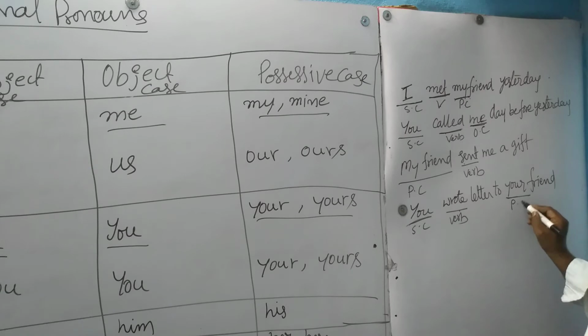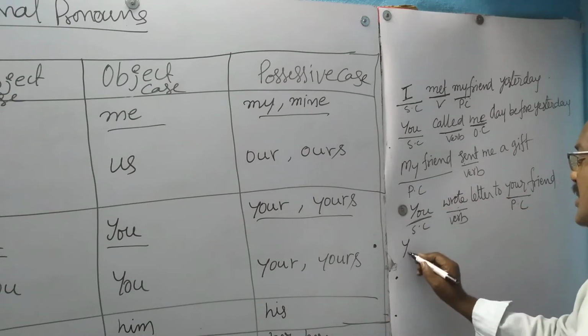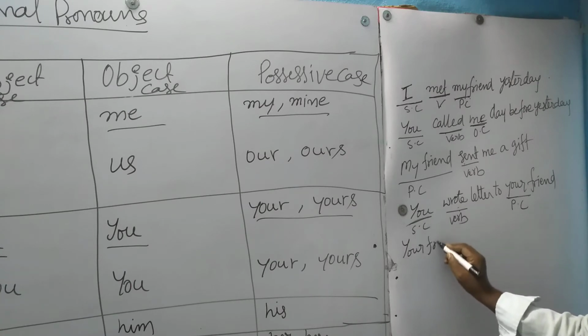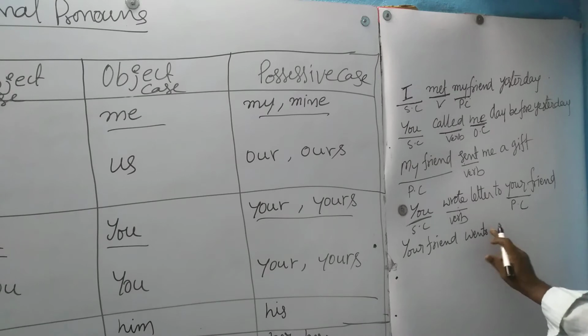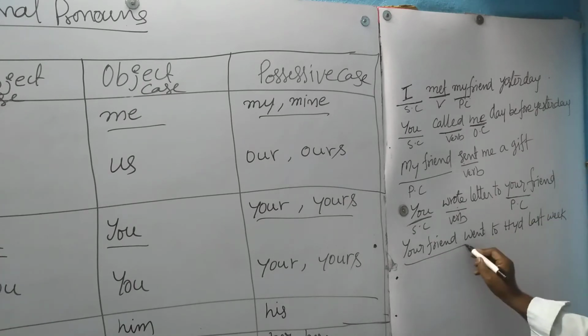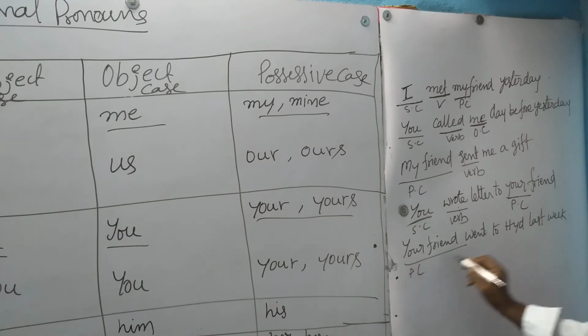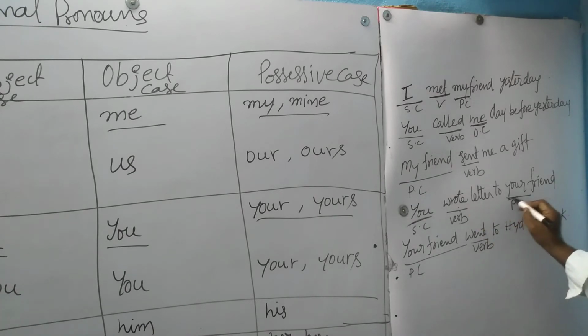The possessive case we can use after the verb and before the verb also. For example, see here, "Your friend went to Hyderabad last week." So here "your friend", the possessive case "your", is used before the verb. Here it is used after the verb and here it is used before the verb.